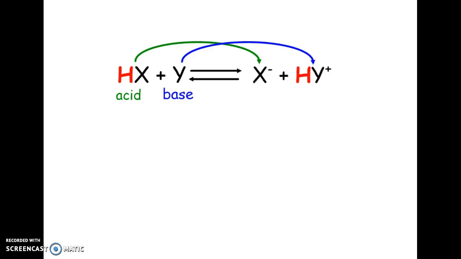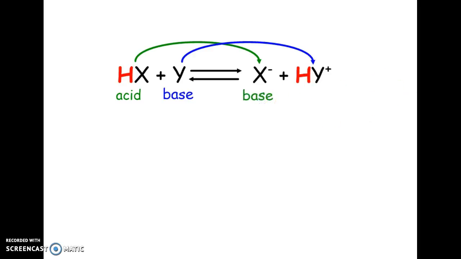Now this is a reversible reaction, so we can identify the acid and the base for the reverse reaction as well. X- is turning back into HX in the reverse reaction. In order for X- to become HX, the X- must accept the H+ ion. And things that accept H+ ions are bases.